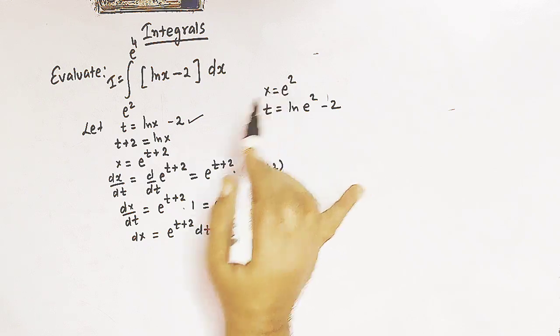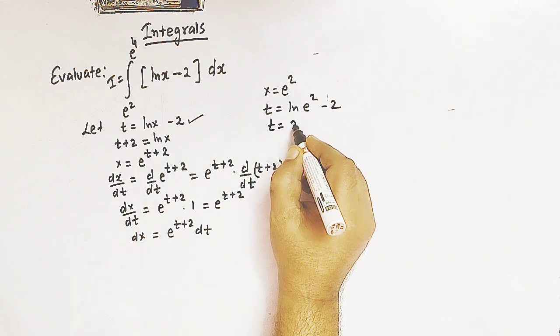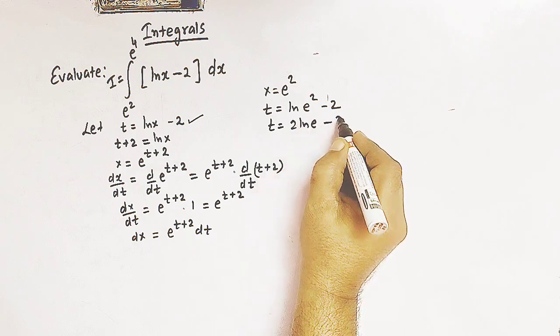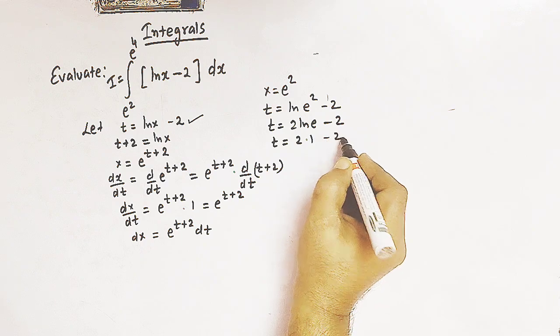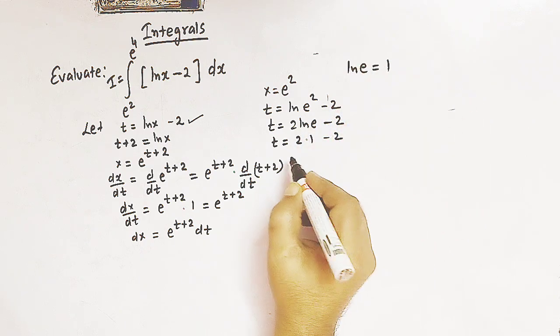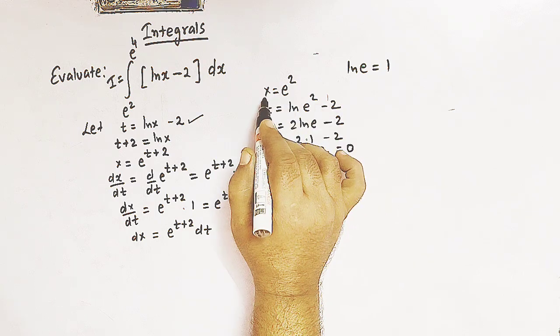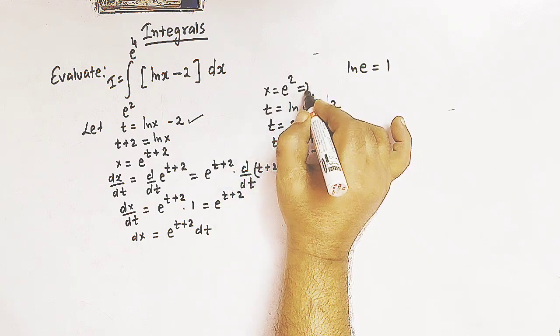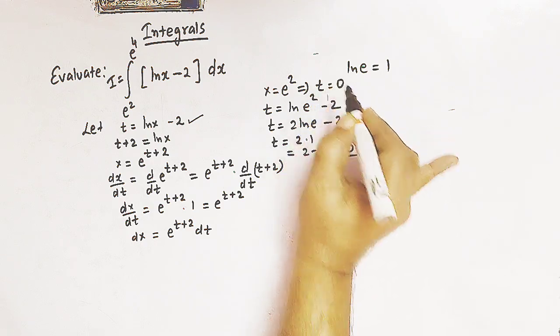Substituting x is equal to e square in this relation, we can now write 2 log e minus 2. So this is 2 times 1 minus 2, because natural log of e is equal to 1. So this is 2 minus 2, that is 0. So when x is equal to e square, then the value of t is equal to 0.